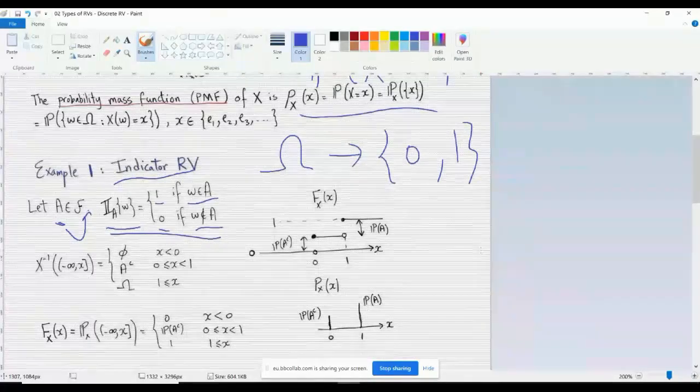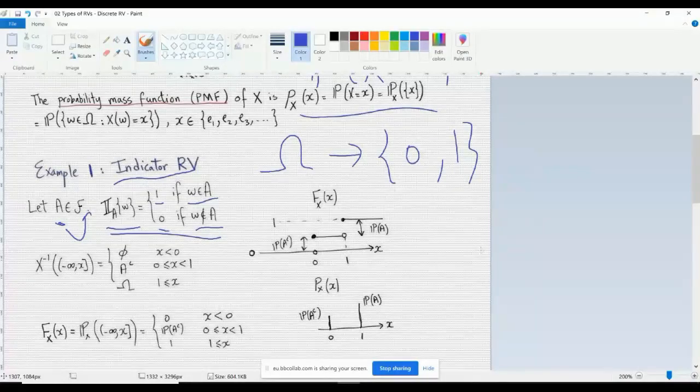Now, who says that this function is indeed a random variable? Because we know that random variables are not arbitrary functions, right? They are functions that should be F-measurable. So to make the argument complete, let's first argue that this is indeed a random variable.